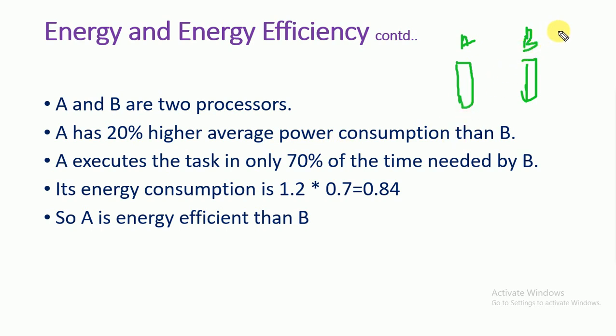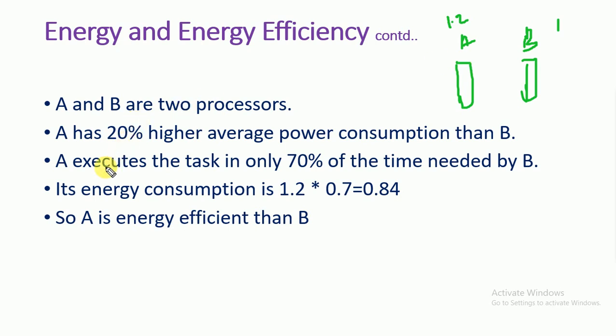Assume that B has 100%. I take it as 1 power consumption, and A has 20% higher power consumption, which I can consider as 1.2. So the power consumption of B is only 1, but the power consumption of A is 1.2.